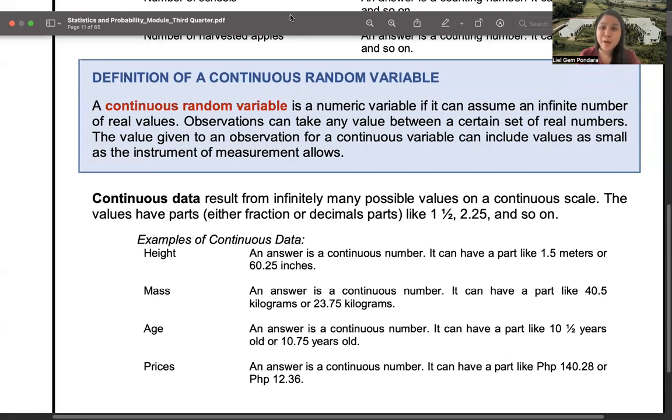Length, yes, 12.5. Kilometers, yes, 1.5 kilometers. Distance, height, correct. What else? Allowance, right? Seismographs. In seismographs, yes, because we have 5.5 magnitude. Yes, it can be.